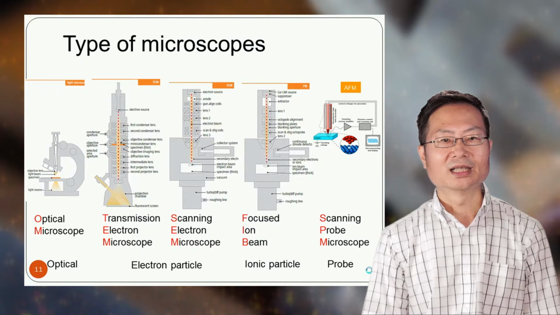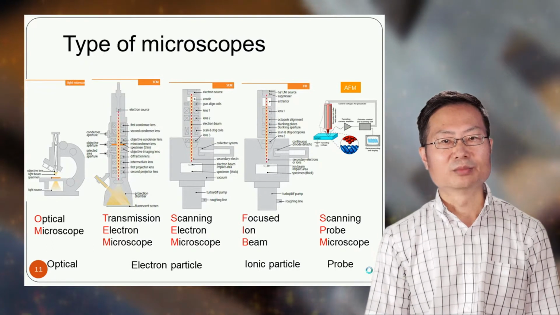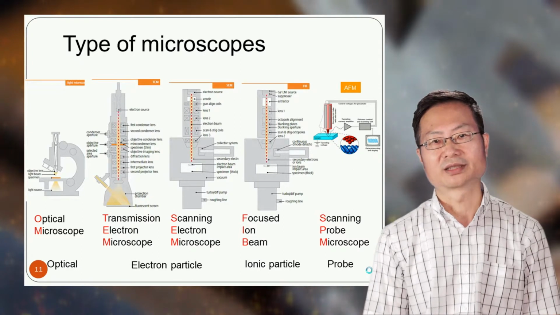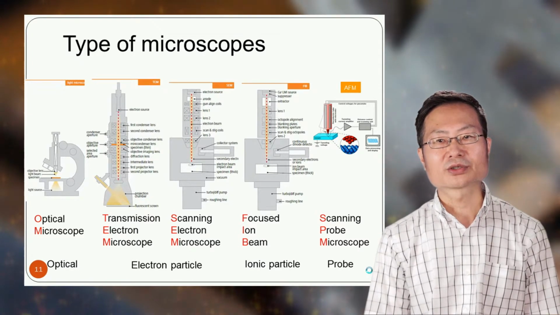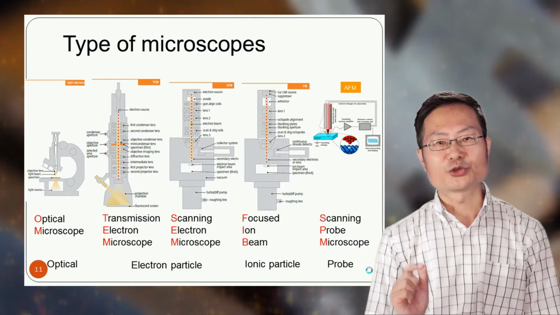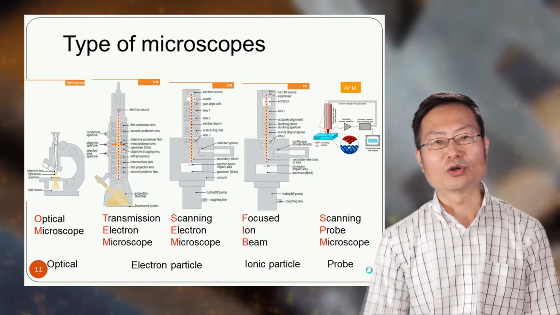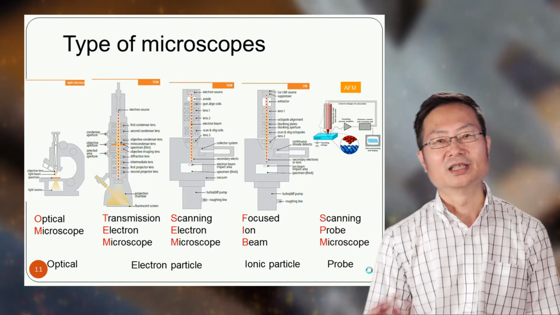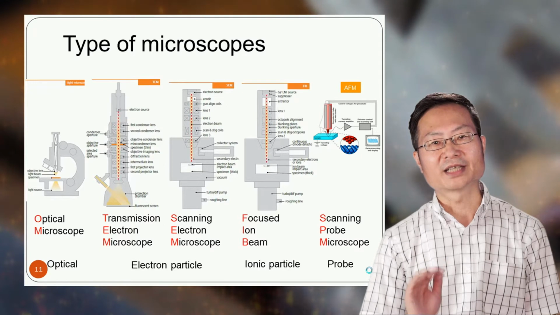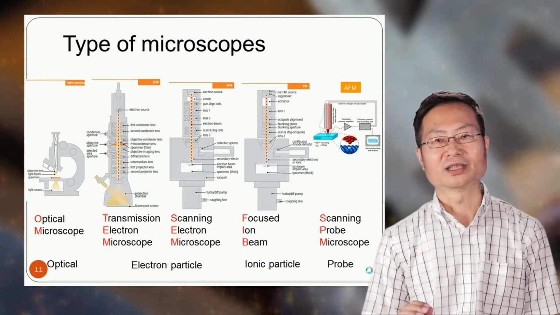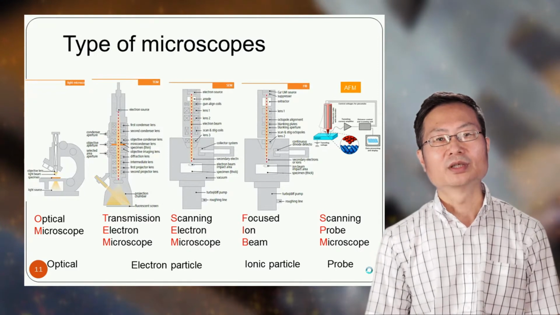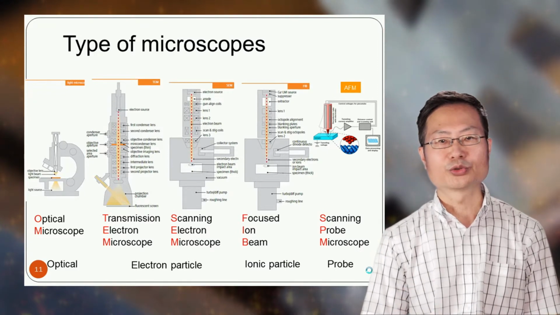They can see objects as small as tenths of a nanometer, such as individual atoms. Scanning probe microscopy uses a physical probe, a very, very sharp needle, which is scanned over the sample surface. The interaction atomic force between the probe and the sample surface is recorded as the image. The SPM tools are capable of atomic scale resolution.